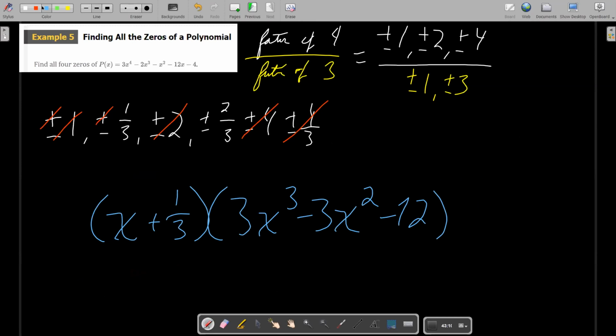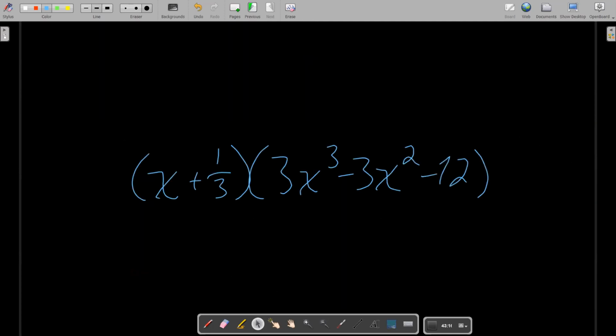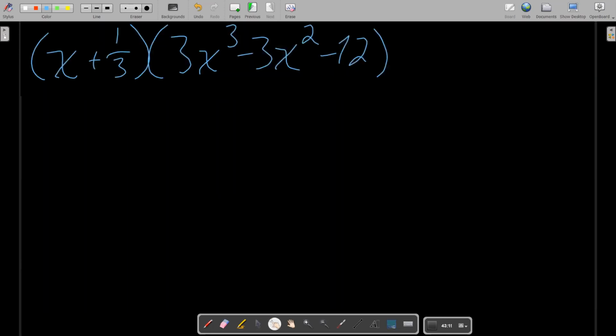All right, so let's snip this page, and we're going to do the factor theorem again. So we're going to do the factors of 12 over the factors of 3.